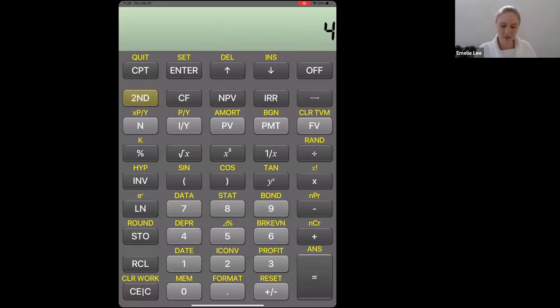So again, I have to have the 4 on the screen. And then I hit the ln button, which is over on the right-hand side. We were using e to the x in the second menu last day, so we should know where it is. But then if I hit ln, the decimal approximation of the log of 4 is 1.386294361.